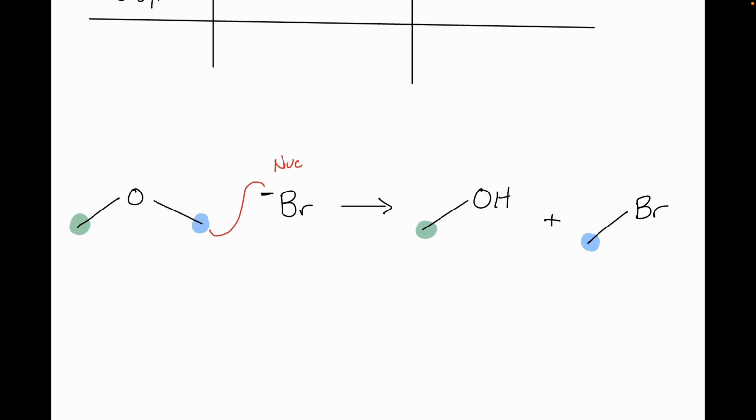It attacks this carbon. So if the bromide's the nucleophile, what's that carbon going to be? Not nucleophile, but what's the other one? The electrophile. And that breaks that bond there.